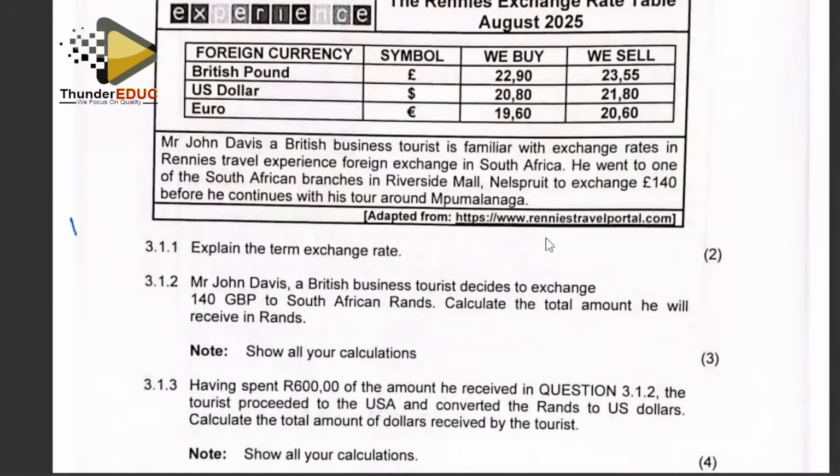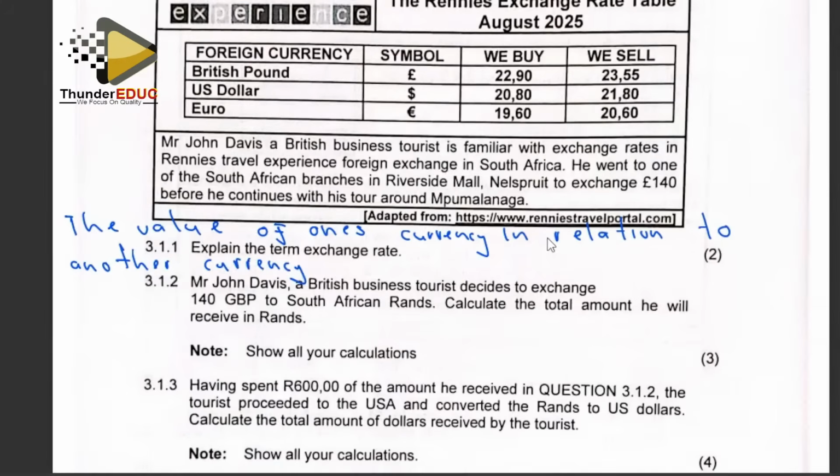The exchange rate is the value of one's currency in relation to another currency. Yes, that is the exchange rate.